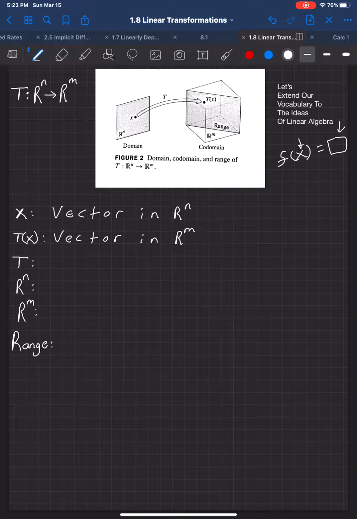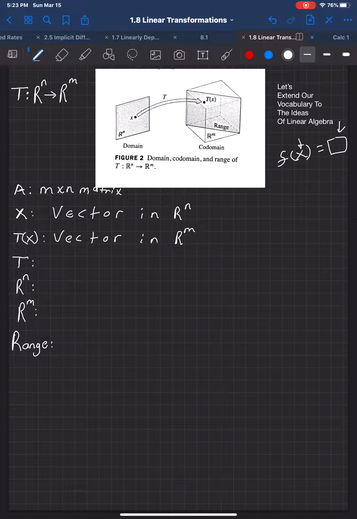Now, in this case, let's say A is an m by n matrix.